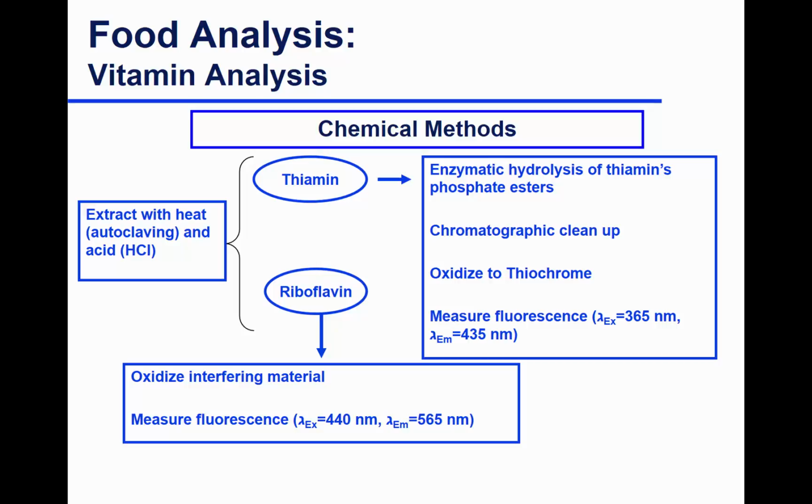For riboflavin, same way, you extract with heat under acidic conditions, and again you perform it under subdued light because it's sensitive to UV light. Then you oxidize any interfering substances that might interfere with the absorbance and fluorescence measurement, and then you measure fluorescence, again with the excitation and the emission wavelength. Detailed procedures are in your book, but you're not required to know the detail of the procedure as long as you know the general procedure.